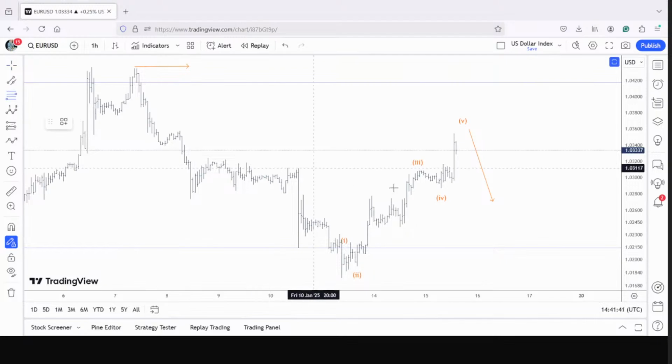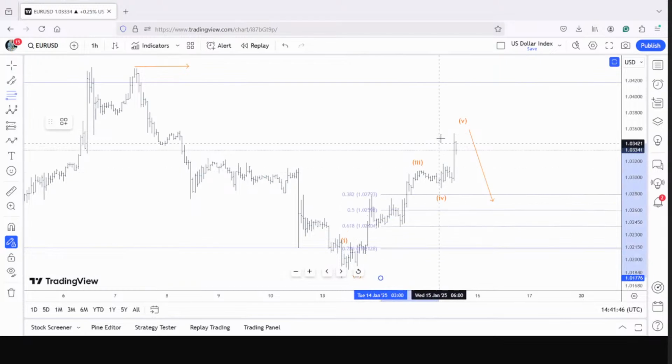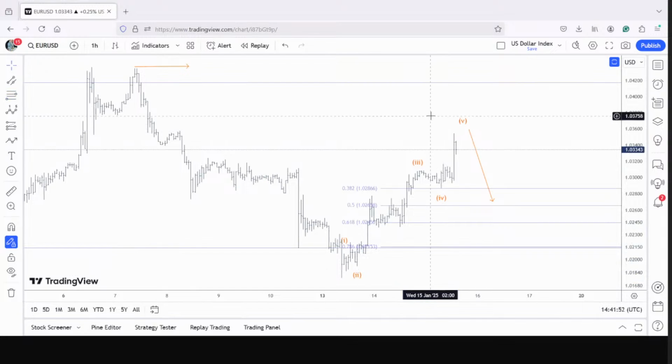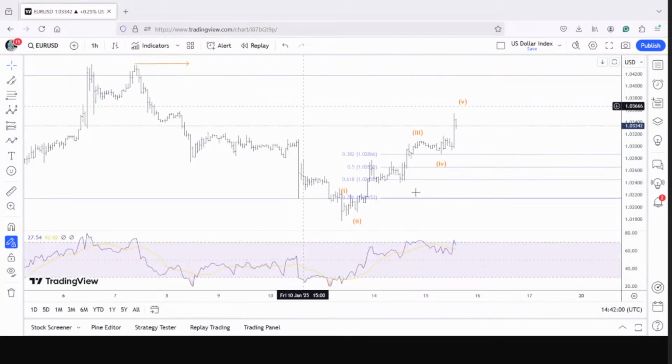Now let me try and take the Fibonacci ratio of the current scenario, where a corrective decline should materialize anytime soon. Ideally, if the corrective decline materializes from here, let me find out with the RSI. The RSI is kind of diverging.